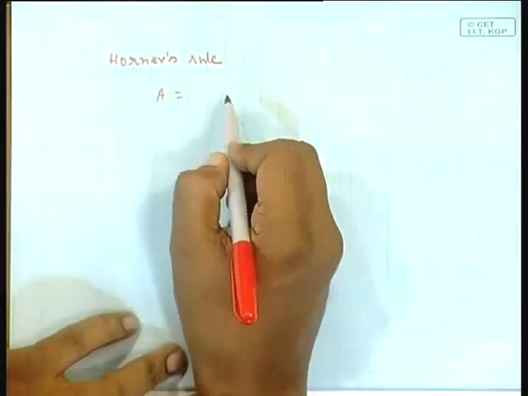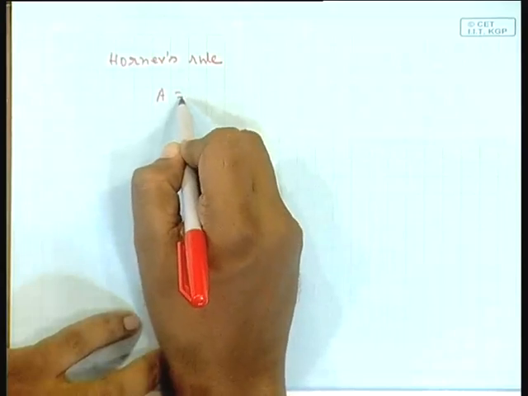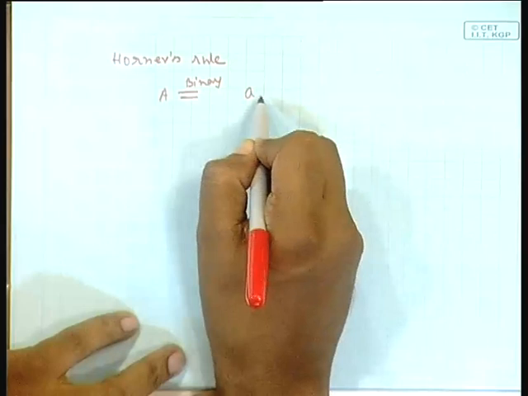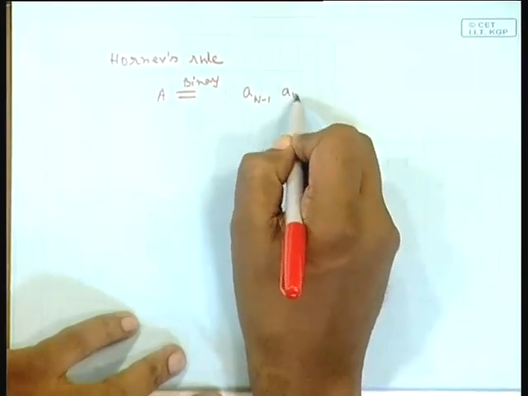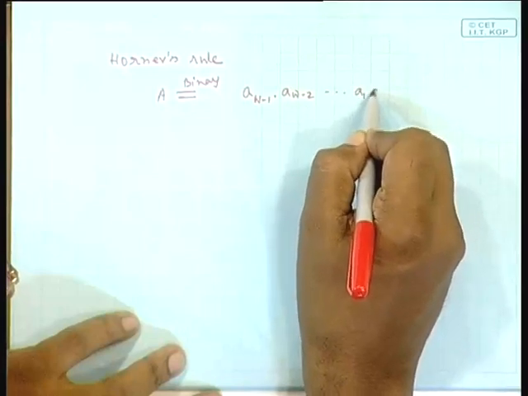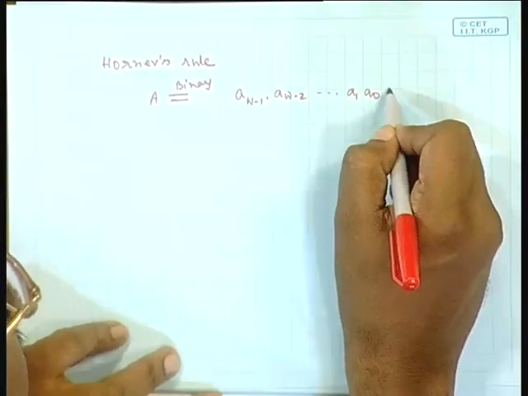Horner's rule. You are given two numbers. A in binary is just these bits. Decimally it is this.